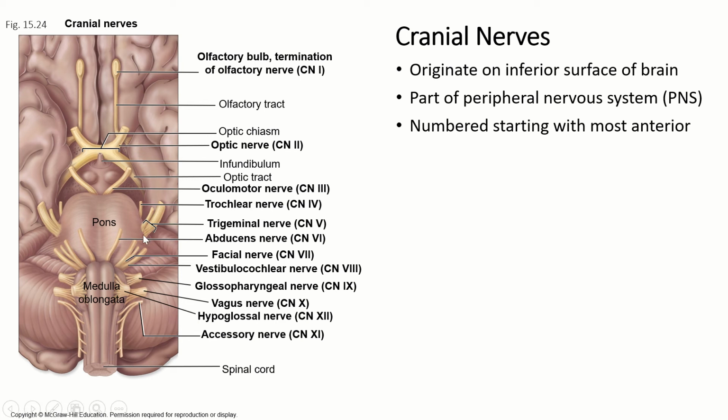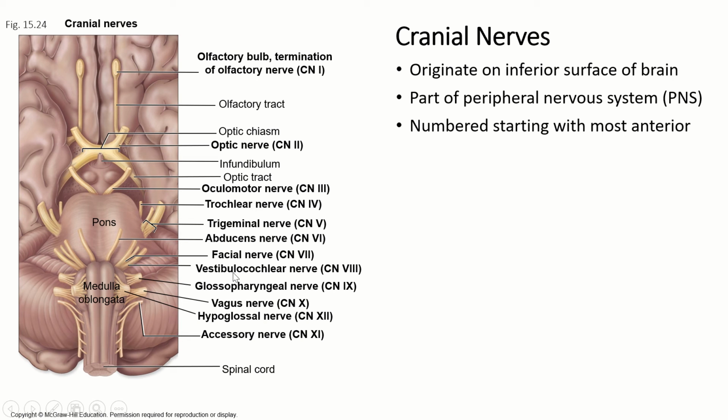Then we have the trigeminal nerve here, okay, originating from the pons. It's going to have a more complicated movement. And then the abducens, which is going to abduct or move laterally the eyes. I know, cool, right? Facial nerve, it's going to go to the face. Hard to imagine. Vestibulocochlear is going to carry signals from your ear.